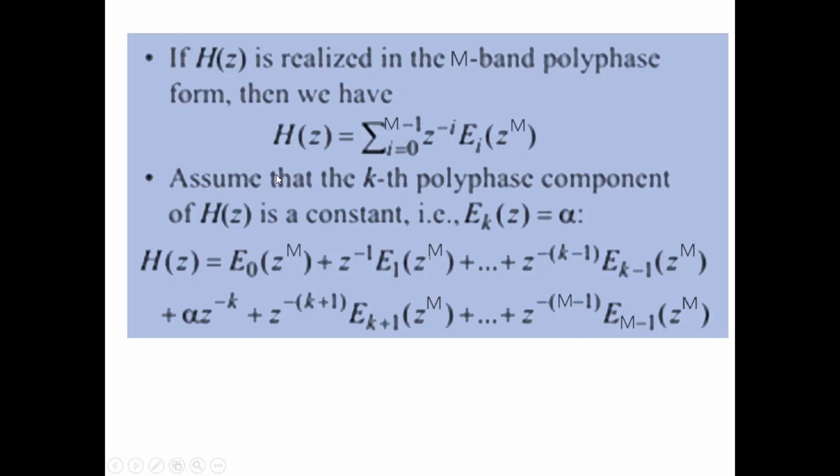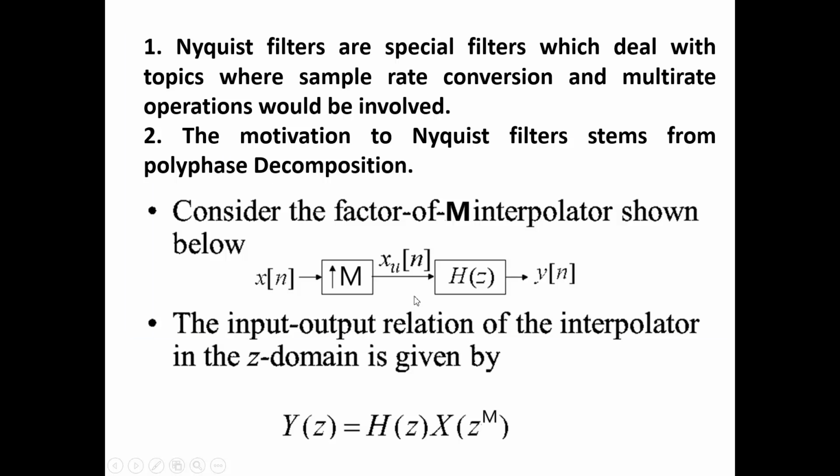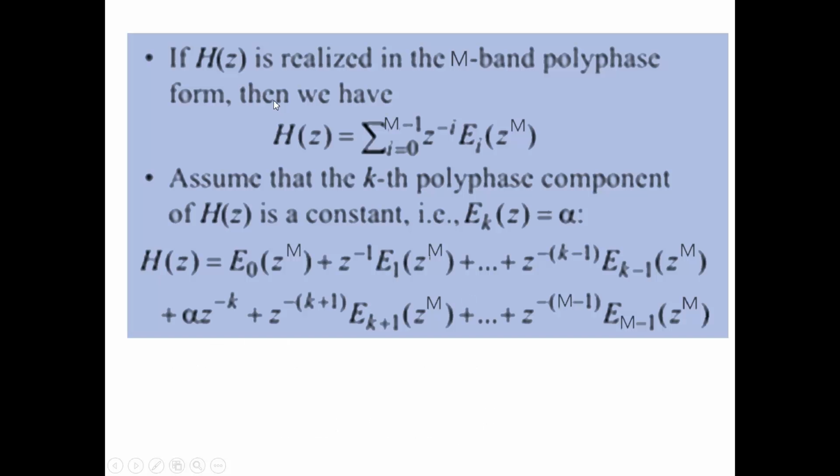Now we know that this is the direct implementation of H(z). Now if we decompose the transfer function of the low pass filter into its polyphase components, then H(z) is realized, and if we select capital M polyphase components, it will be called the capital M band polyphase form.